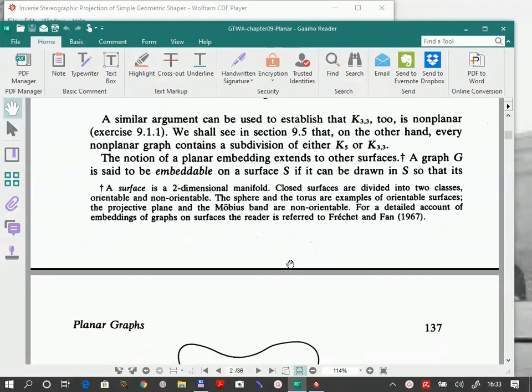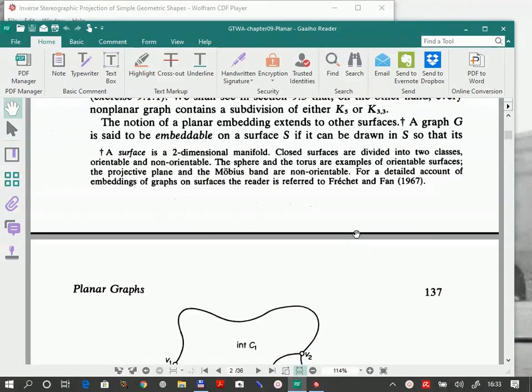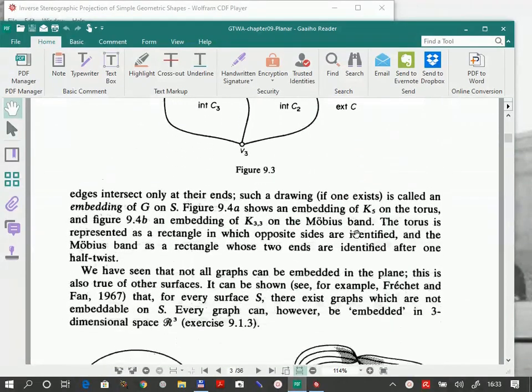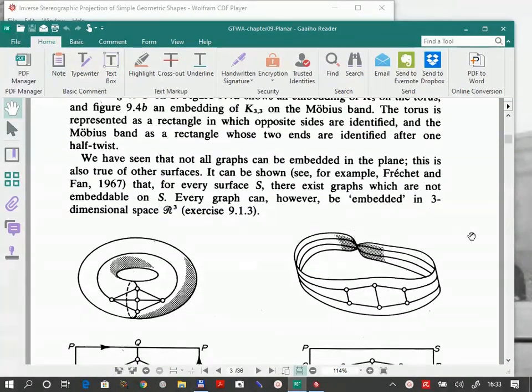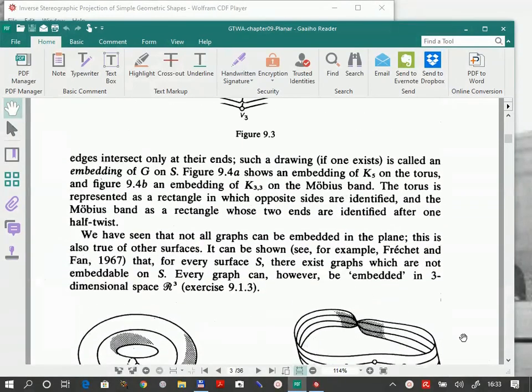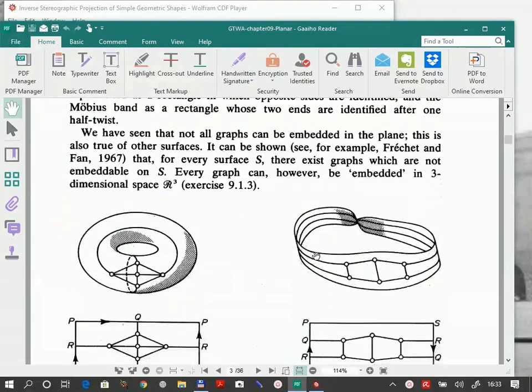Okay, I won't mention orientability and non-orientability, but you might anyway know something about the peculiar thing which is the Möbius strip. And anyway, you can embed K5 on the torus and you can embed K33 on the Möbius band.